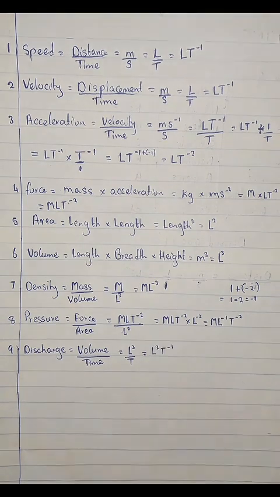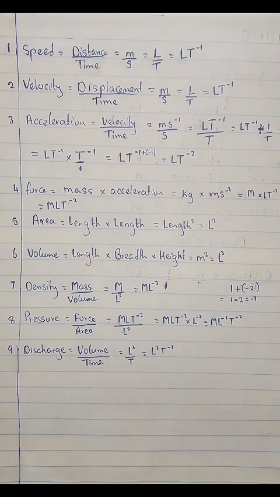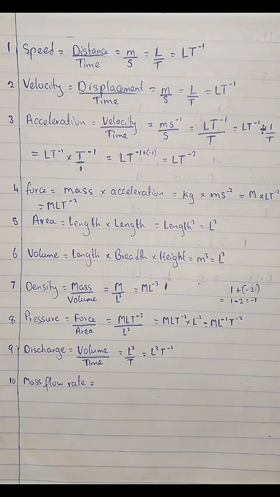So next we have is mass flow rate. Now you might be wondering, what is the formula for mass flow rate? You are given mass, you are given rate. Whenever they say rate, what do they mean? You're always talking about time. When they say rate of something, like time it takes for something to happen.